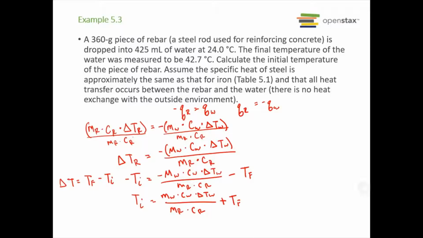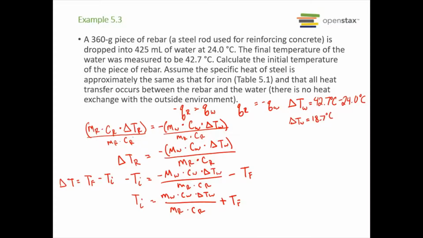Okay, so let's go ahead really quick and calculate the delta T of our water. It's final minus initial. And the final temperature is 42.7 degrees Celsius minus the initial at 24.0. And we get that the change in temperature of our water is equal to 18.7 degrees Celsius.